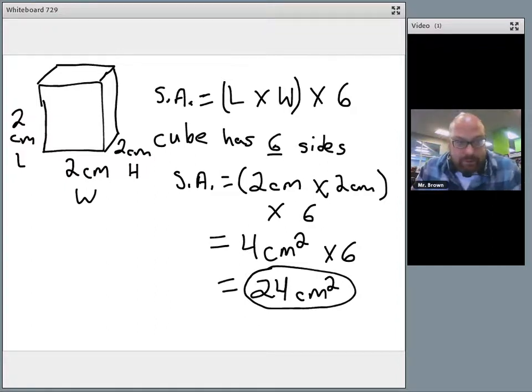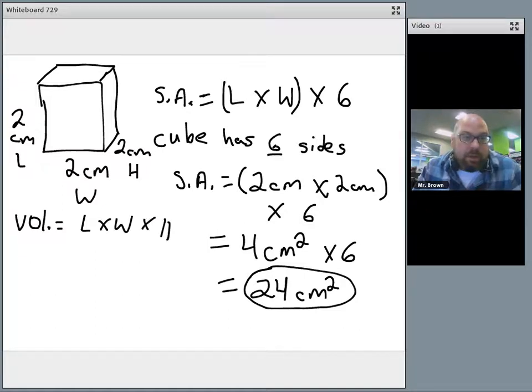Now volume of a cube is length times width times height. You see my diagram here, everything is 2.